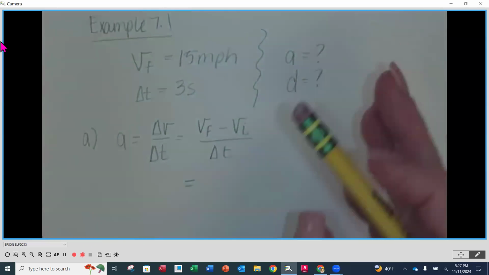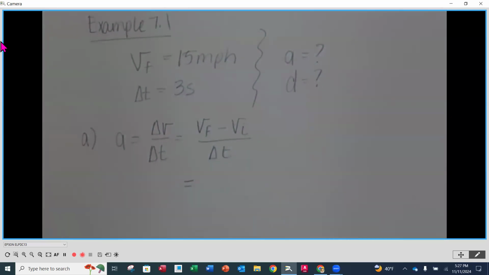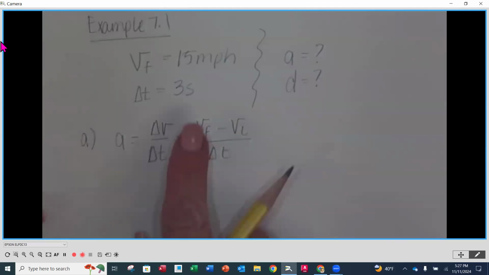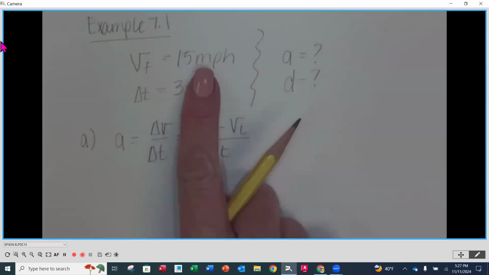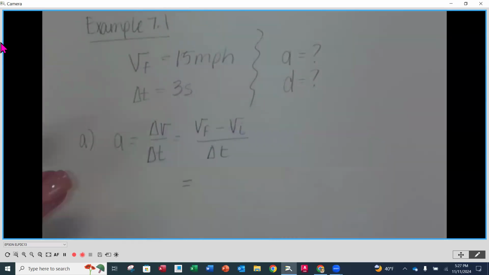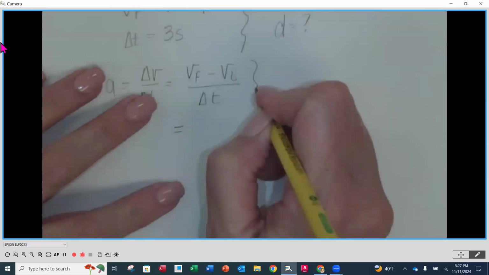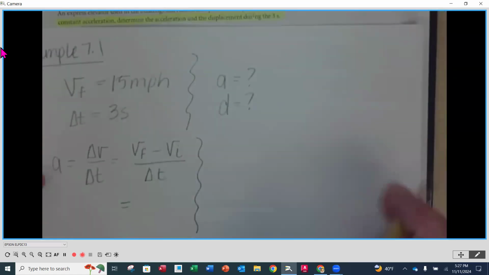And if we peek ahead at the end, kind of towards the bottom, they're going to want us to find distance in feet, okay? And since we have this in seconds, we're going to convert our final velocity to be consistent with those units. So we're going to convert miles per hour to feet per second. So over on the side here, I'm going to do that.